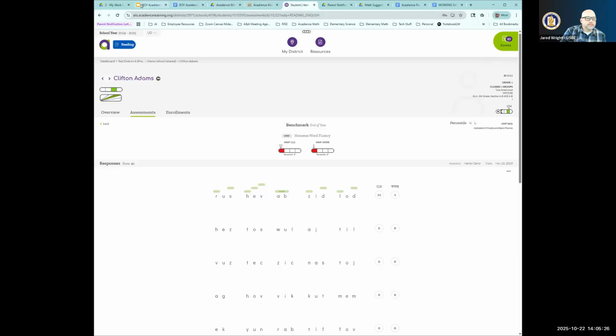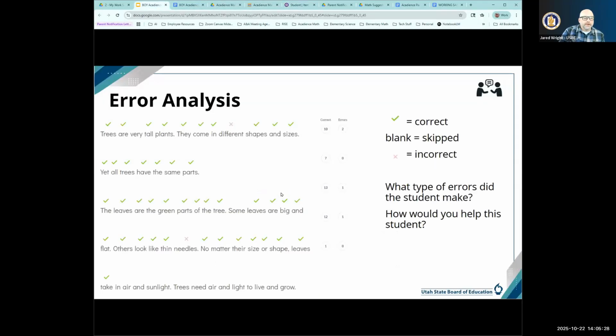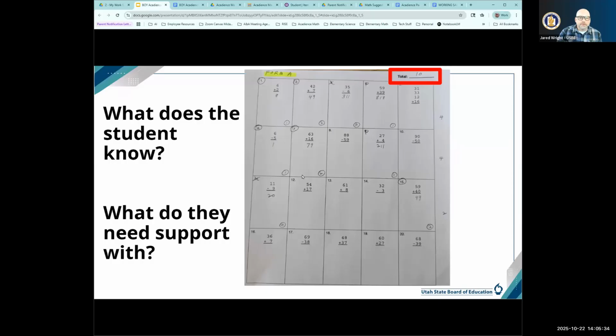All right. Okay. So the error analysis is for reading. The one for math is called the response pattern analysis. The idea is it is focused on computation and concepts and applications.